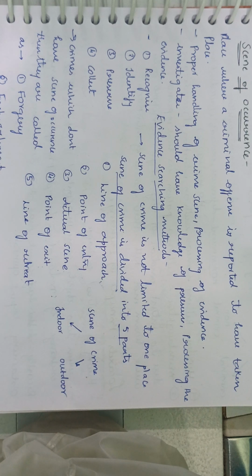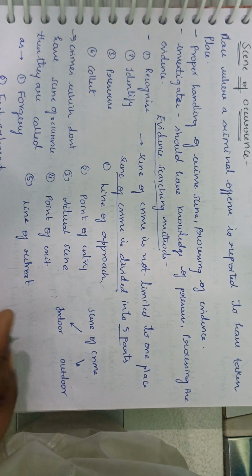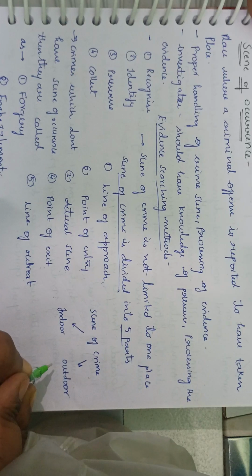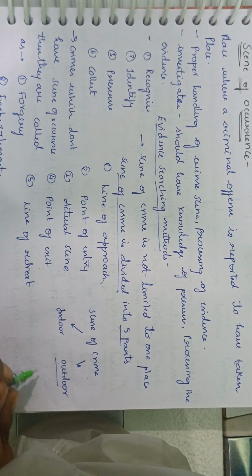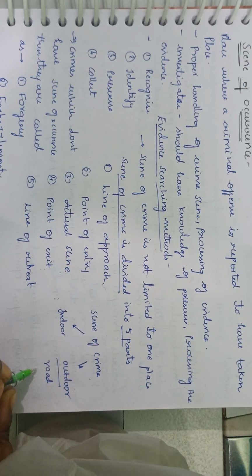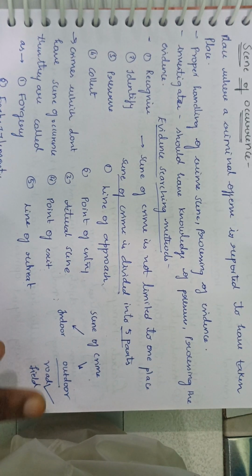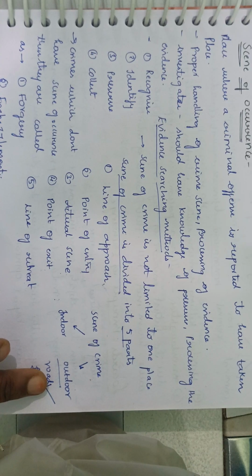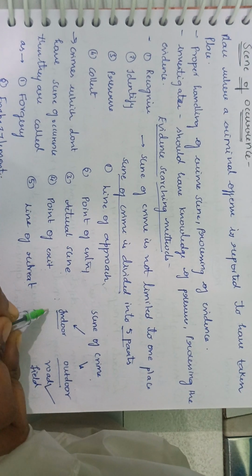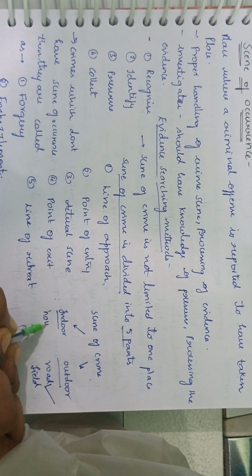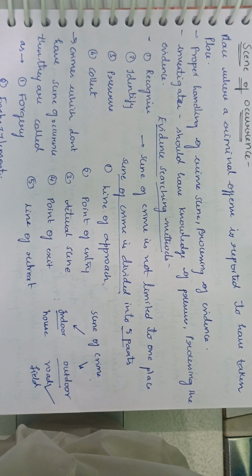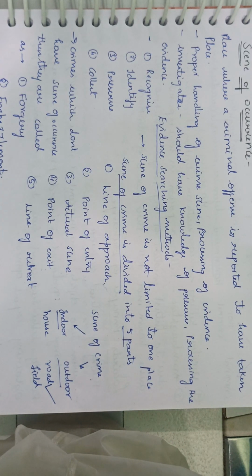You just have to mention the examples, as they can ask you in the examination. So outdoor means road or fields. Road in the sense that road accidents all come under the outdoor crime scene. Whereas indoor crime scene means the crime has occurred inside the house.